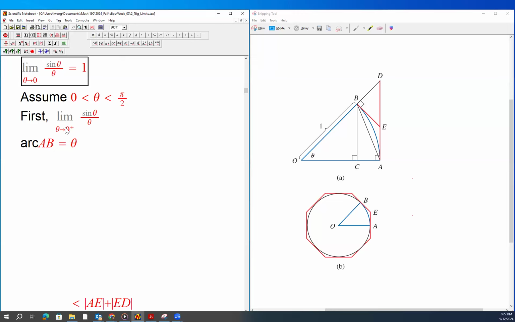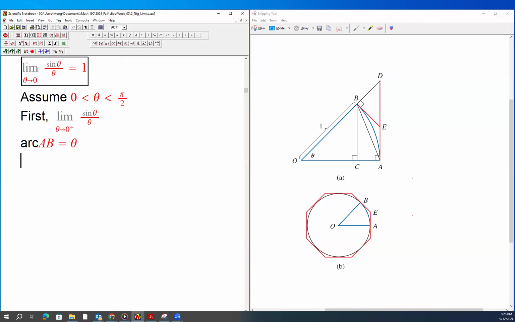That's just by the definition of trig angles. If you have questions about that, you can go back to review trigonometry, but for now just take it as a fact, and it is true because this is the unit circle. The arc AB is a piece of the unit circle, and theta is right there.